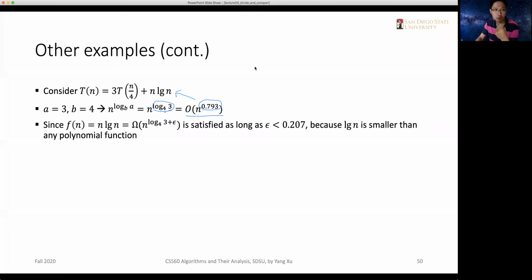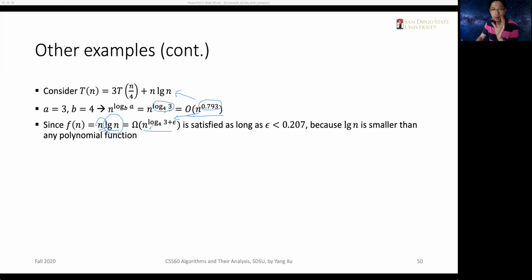Okay, so the f of n is some linear function times a logarithm function. Okay, so is this an upper bound for the polynomial function here? Right, that's something we need to check.